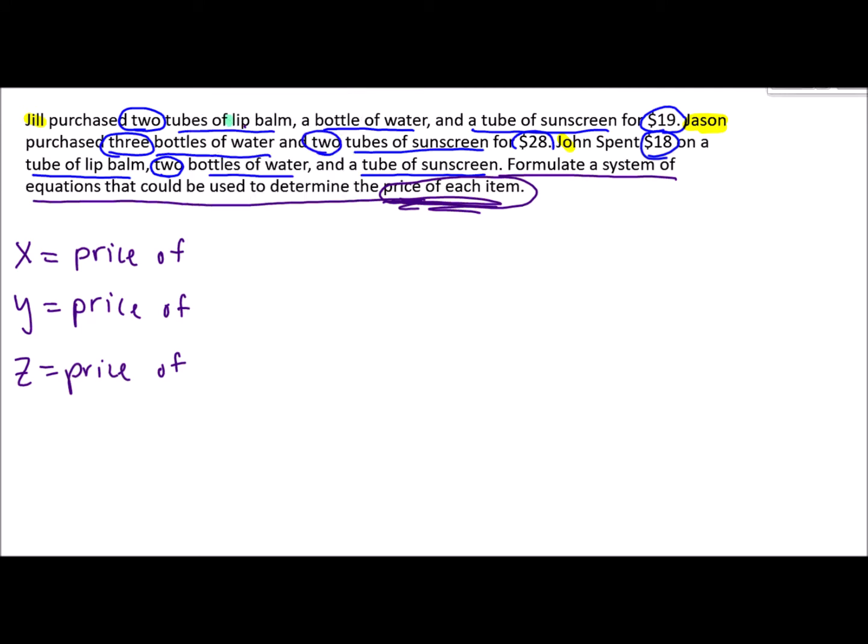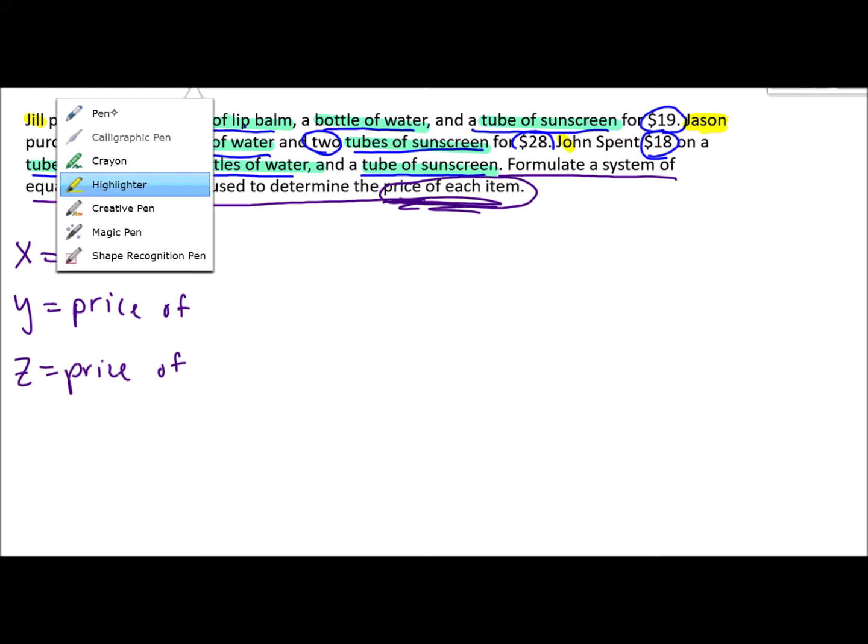Lip balm, right? Tubes of lip balm, bottle of water, and tube of sunscreen. And then we still got bottle of water, tube of sunscreen, tube of lip balm, bottle of water, and tube of sunscreen.